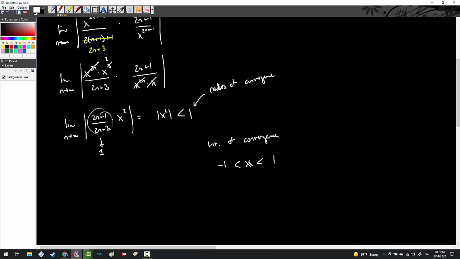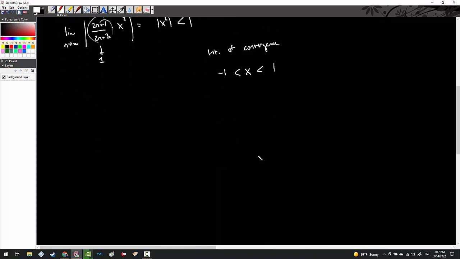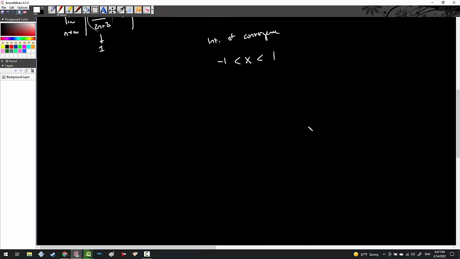Now the question is, am I actually convergent or divergent at the extreme endpoints? The way I'm going to find that out is to plug 1 and negative 1 into the original series.